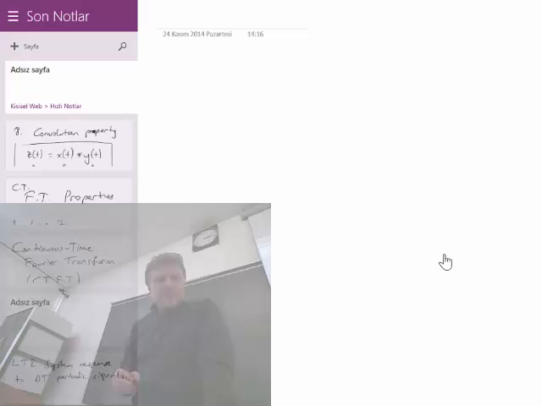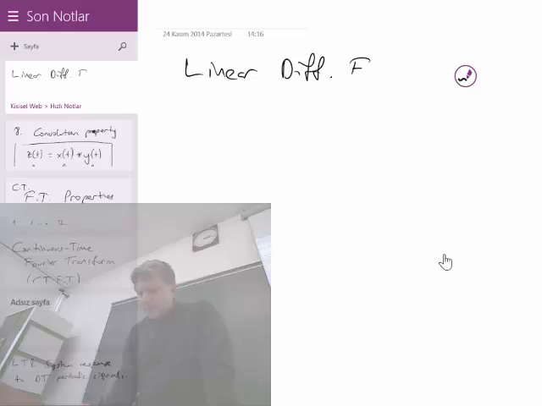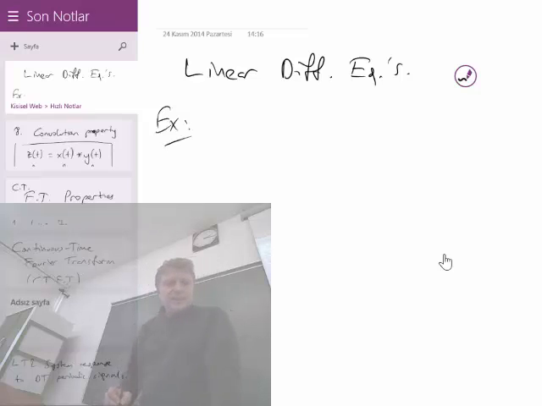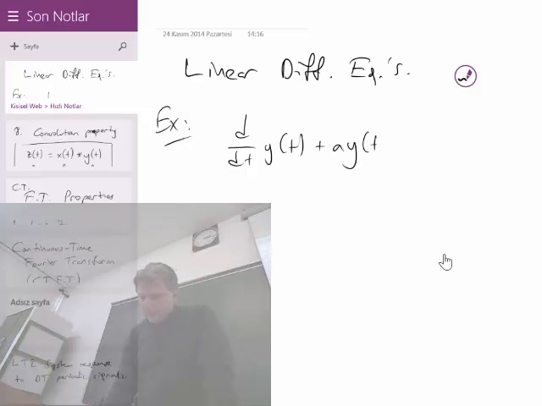And that is the linear differential equation portion, let's call it linear differential equations. And it's a good idea to start with an example. The example is a first order differential equation like this.